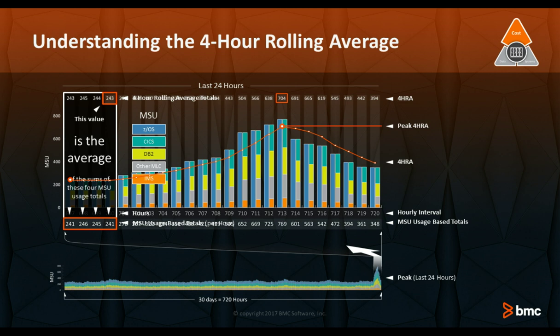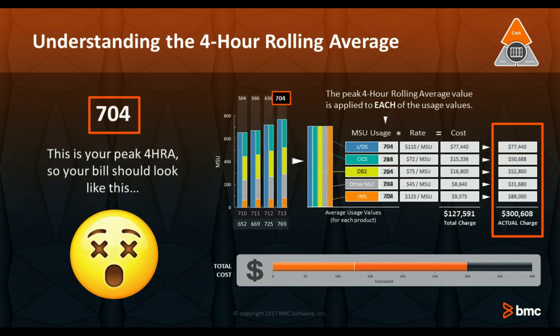When you're ready to generate the bill, it actually determines the peak rolling 4-hour average for that particular month. And we see in this case, hour 713 was the peak rolling 4-hour average, which is 704. So you would think I'll use that number to determine my MSU cost based on hour 713, because that was the peak rolling 4-hour average.